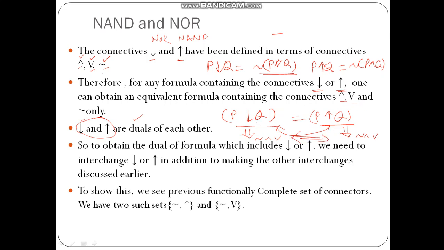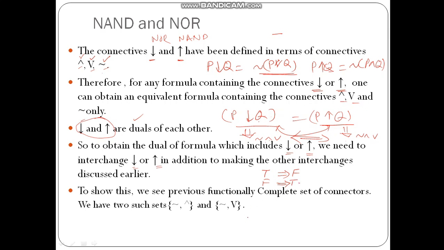So if two formulas are equal, then their duals are also equal. To obtain the dual of a formula which includes NOR or NAND, we need to interchange NOR by NAND in addition to making the other interchanges. What are the other interchanges? If your formula has a truth value T, that is changed to F. If it has the truth value false, then that is changed to true.